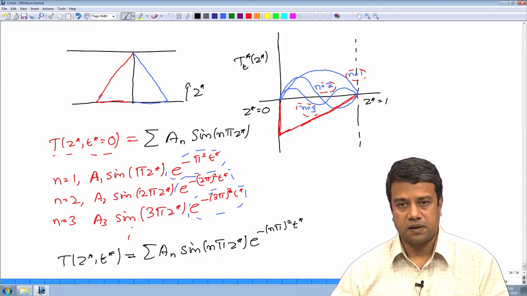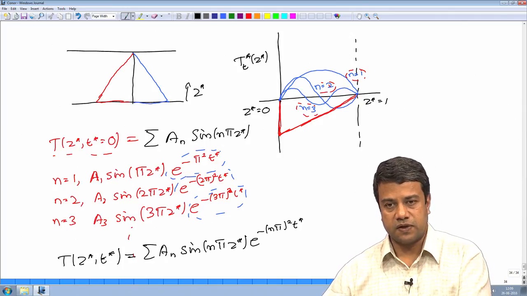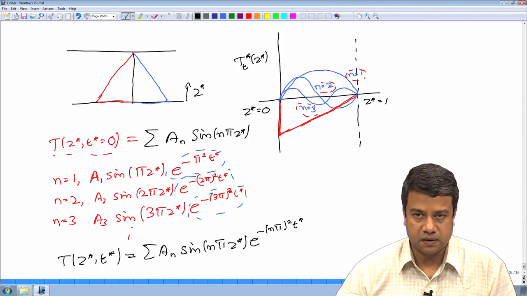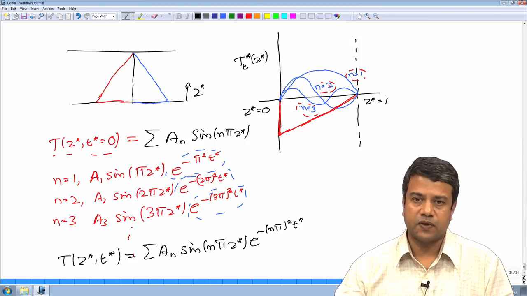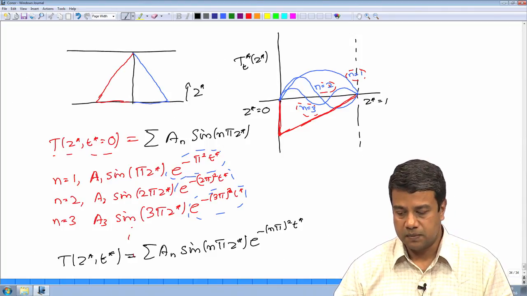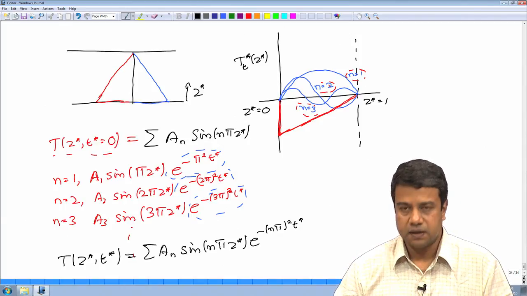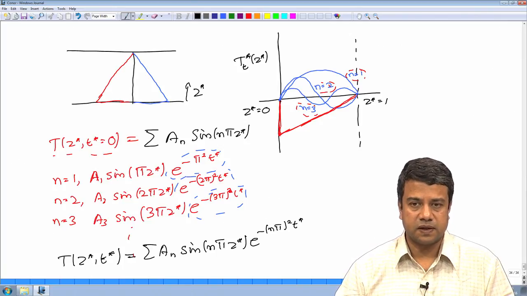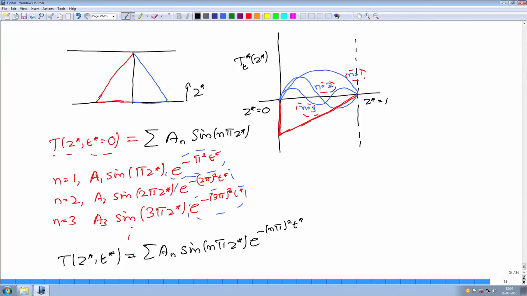Once you have those coefficients, you can construct the entire solution as the sum of each of those orthogonal functions, and you are guaranteed that any function can be written as the sum of these orthogonal functions, because this function space is complete and orthogonal. So, that is the procedure that is used for solving problems by separation of variables. We will see that in different configurations as we go along in the course.